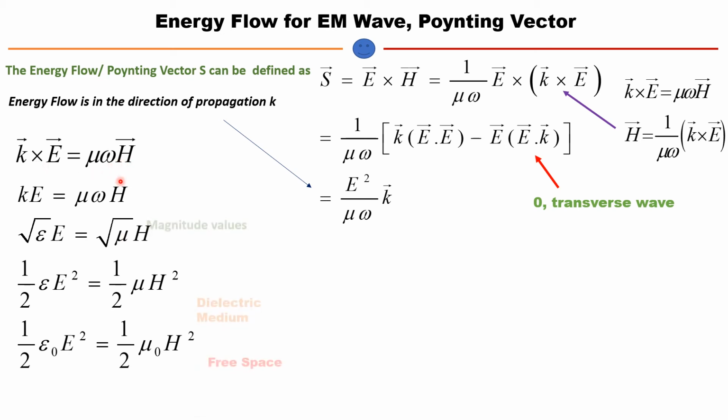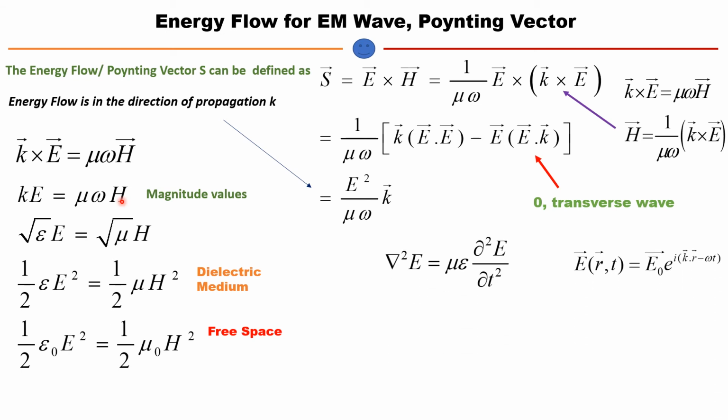In terms of magnitude, if K and E are perpendicular to each other, K cross E can be written as KE sin 90, meaning KE equals mu omega H. That is the magnitude value. Now this is the wave equation and this is the solution. If we put the solution in our wave equation, the double derivative with respect to space gives ik into ik, which is the k squared term, and on the right hand side the time derivative gives i omega into i omega, meaning the omega squared term along with mu into epsilon.